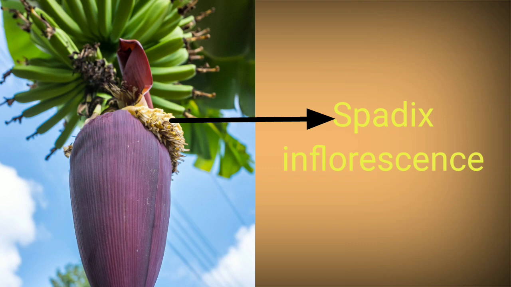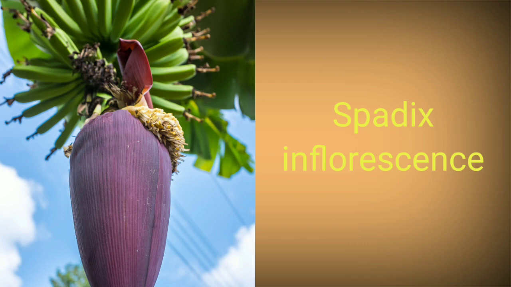We can see that there are large colored bracts, and these colored bracts are called spathe, and inside or outside these bracts there arise stalkless flowers, which are arranged on a fleshy axis in the same acropetal order. So that is the spadix.